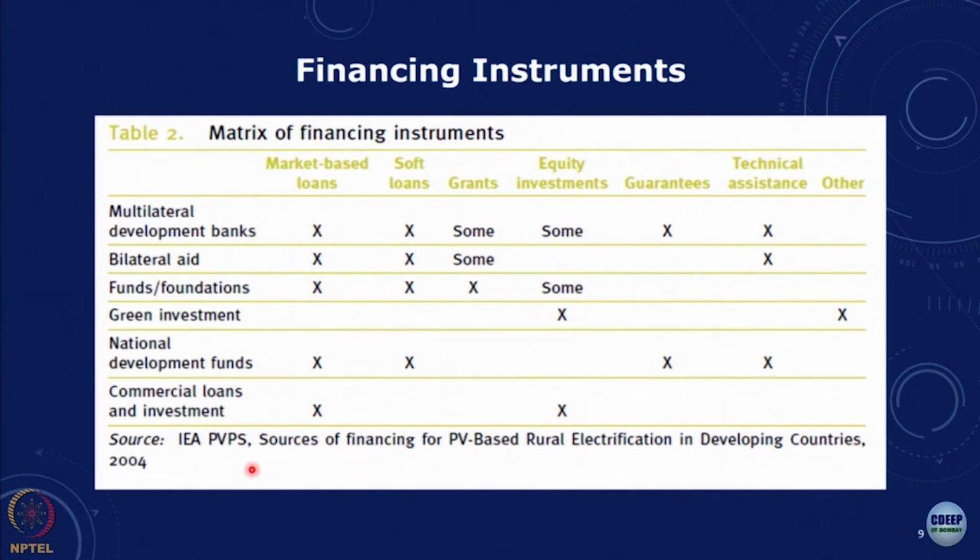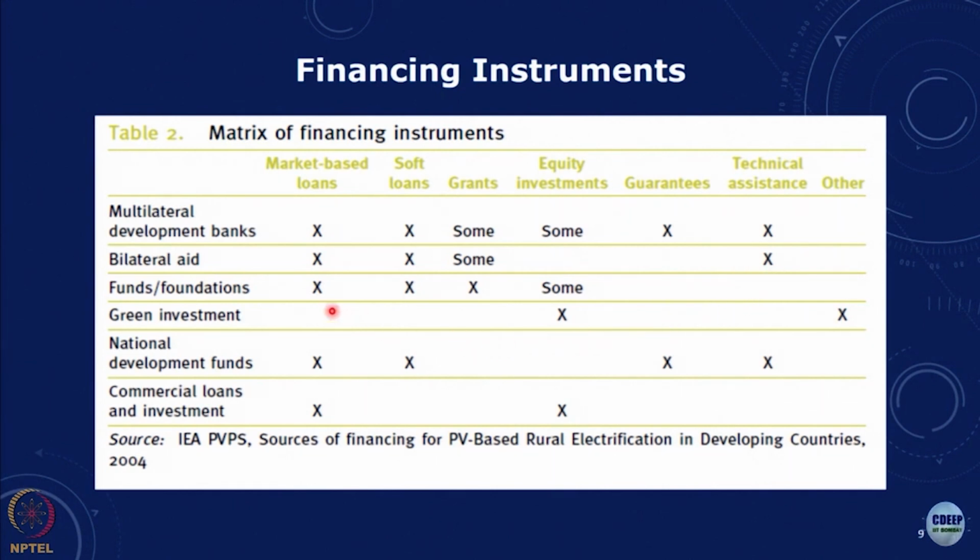It could be bilateral aid, and that means Indo-Germany, Indo-US, and this can involve loans and soft loans. It can also involve some grants. It can also involve technical assistance.